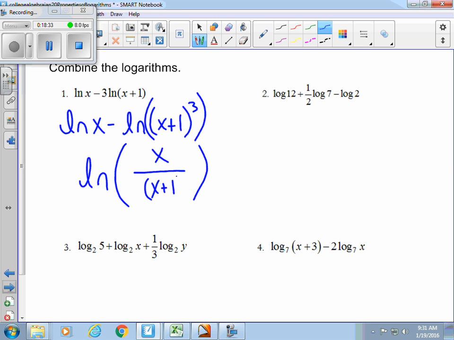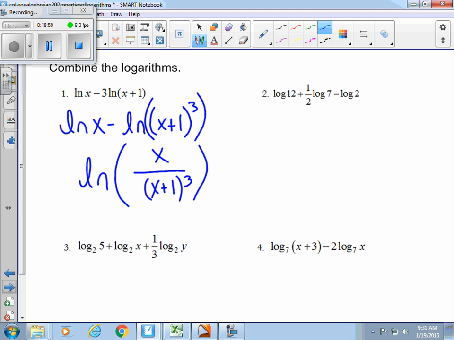Did the cube go with the x on top? No, so make sure you only leave it with what it came with. Okay, any questions about that one? So it said combine into one logarithm, done. As soon as you get one logarithm, you're done.